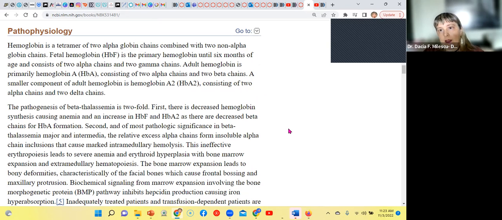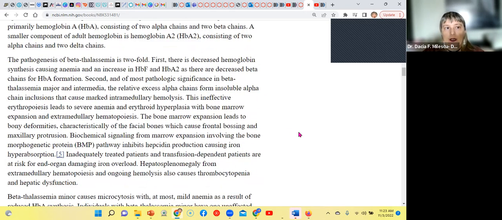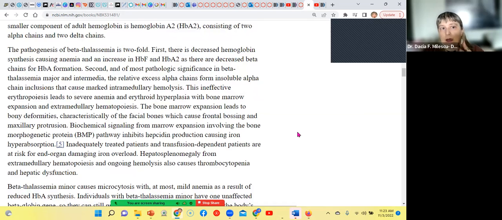So when the pathophysiology happens, it's twofold. First, there's a decrease in hemoglobin synthesis, causing the anemia, and an increase in hemoglobin F and hemoglobin A2. Simultaneously, there will be a decrease in beta chains for hemoglobin A formation.